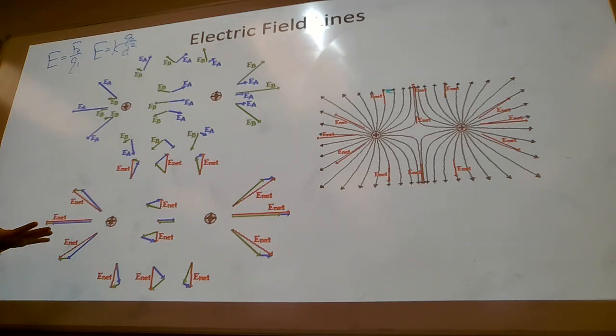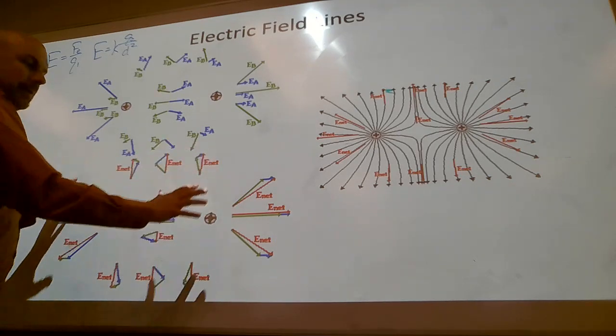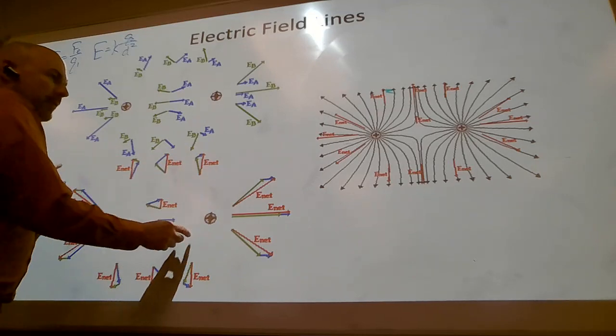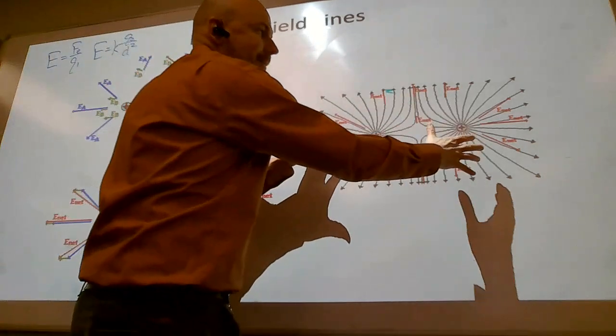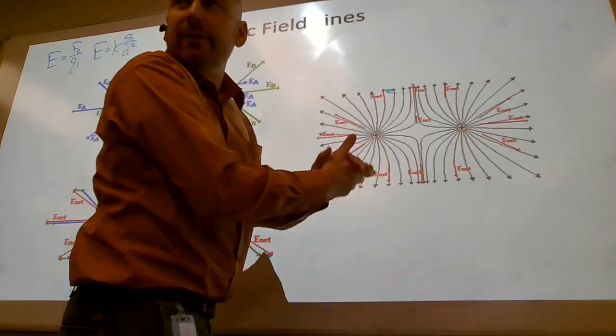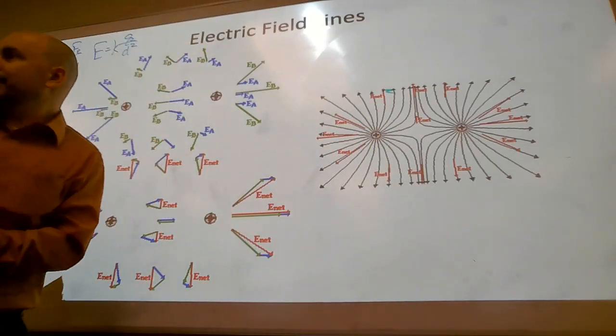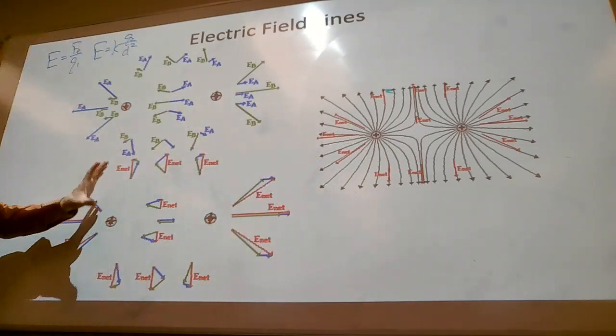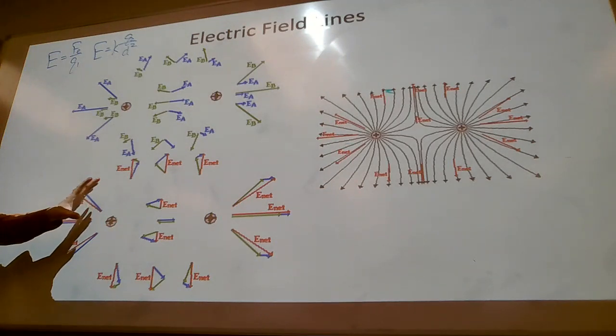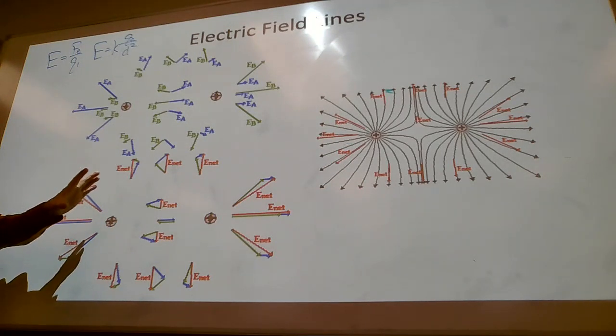And the way we summarize those is we take these points all over the place and we kind of connect the dots and we make these electric field line patterns. This represents this. Okay, the net electric field.